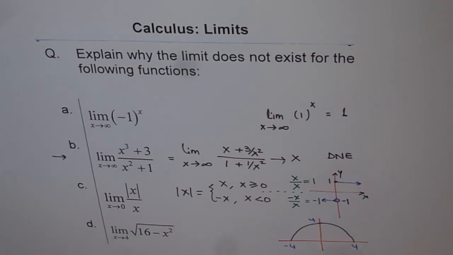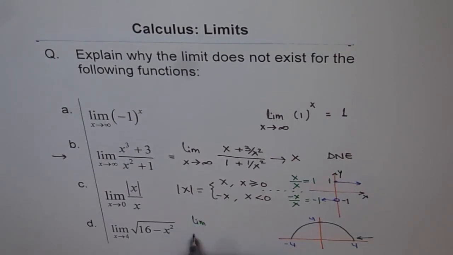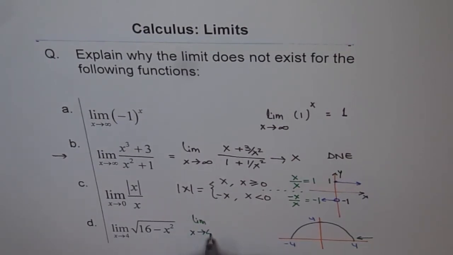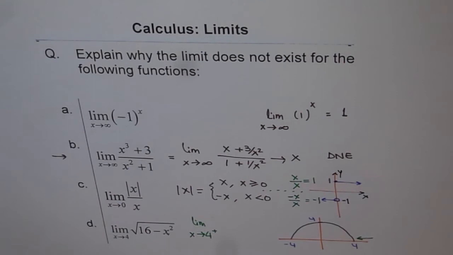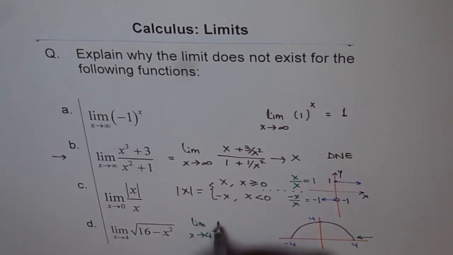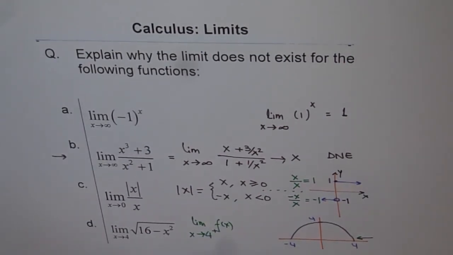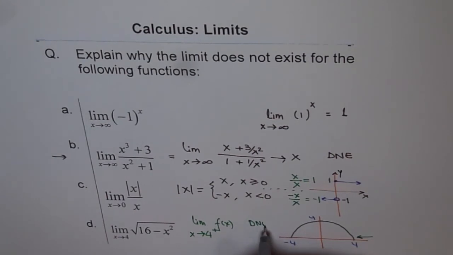As you can see, the domain of this semicircle is restricted. x cannot be more than 4, and therefore you cannot approach from the right side. So we say the limit of f of x when you approach 4 from the plus side, that means the right side, does not exist, correct?